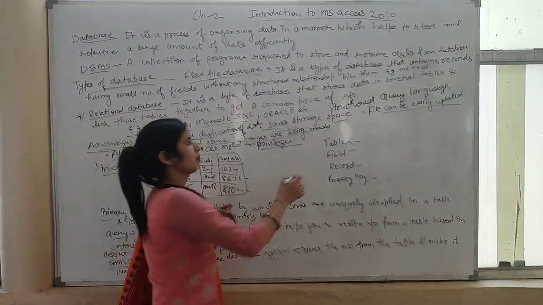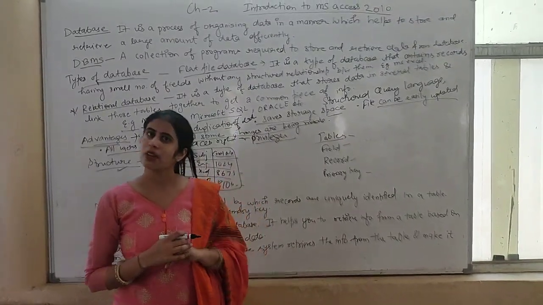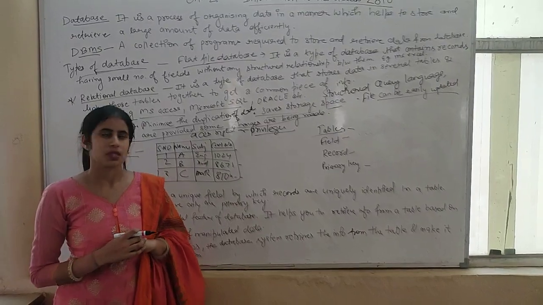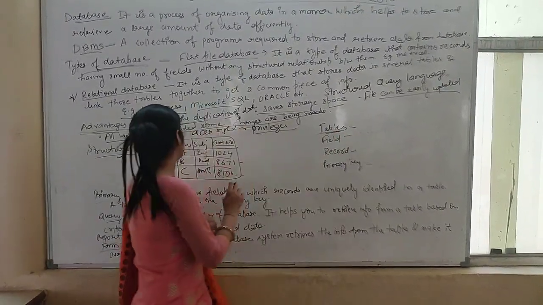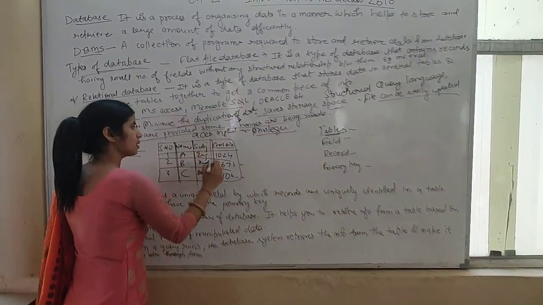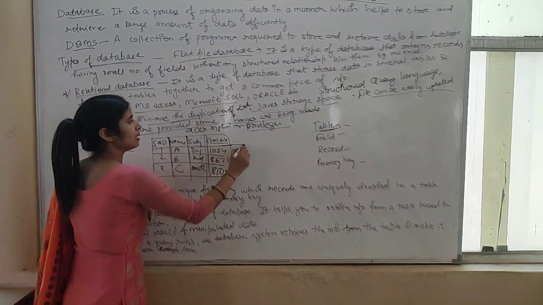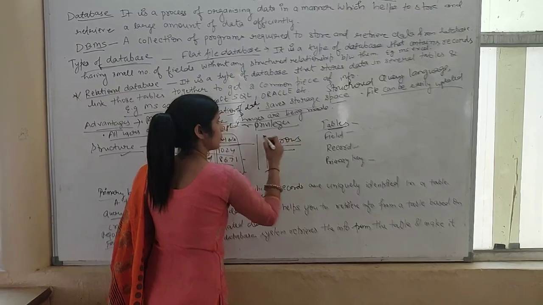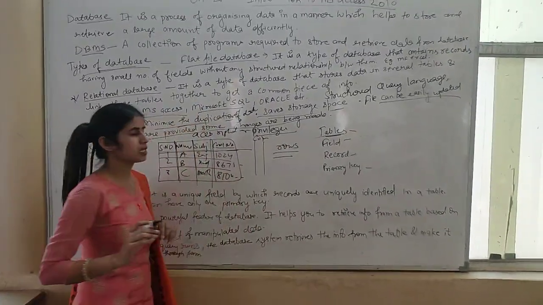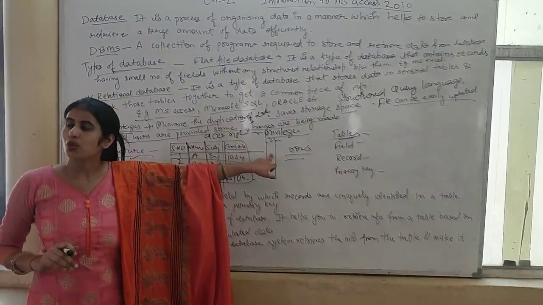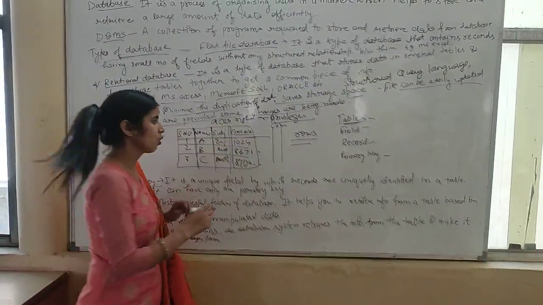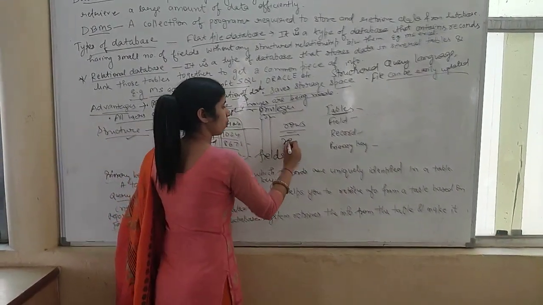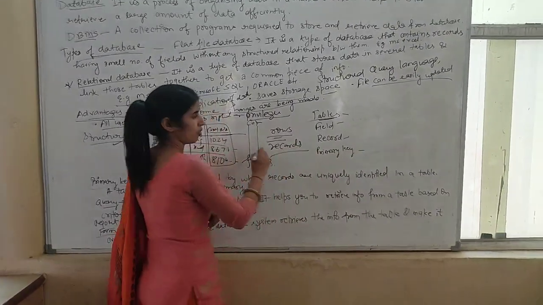First is table. A table is a collection of rows and columns. Here these are the columns and these are the rows. Columns are also known as fields, and rows are also known as records.